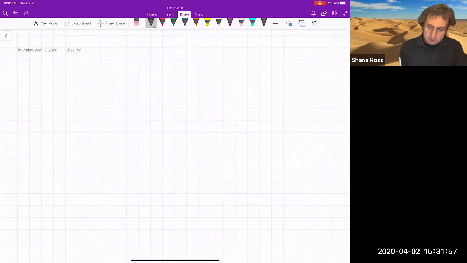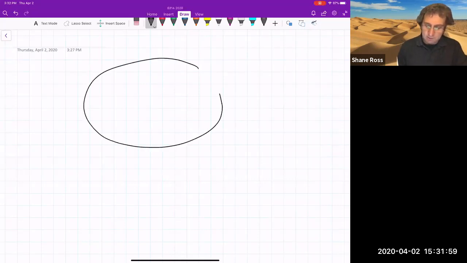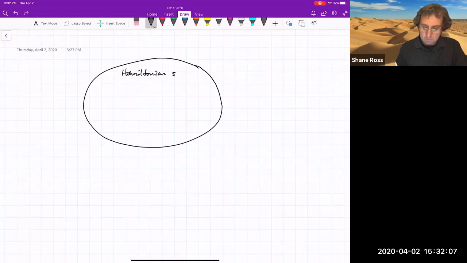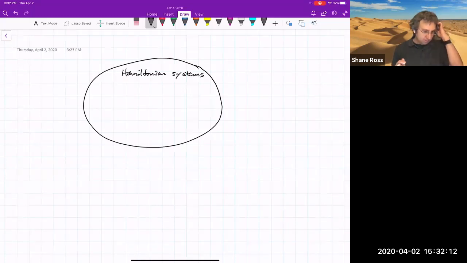So the big picture was that we've now got this larger set of things that we're calling Hamiltonian systems. Sometimes these are called Poisson systems as well. But it's any system where you can write the equation of motion in terms of how scalar functions f evolve.